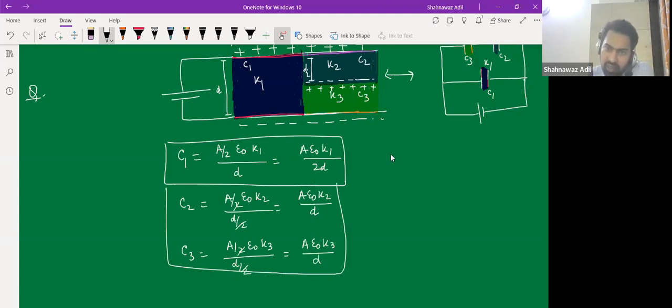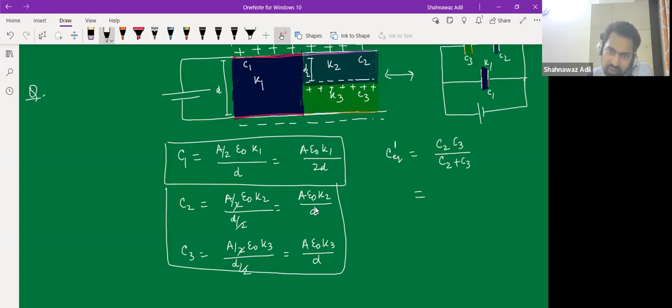First we have to find C equivalent, let's say 1. So this would be C2 C3 divided by C2 plus C3. Whenever we have two combinations, we can do this, right?